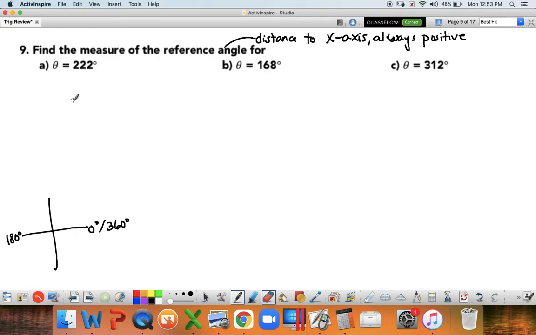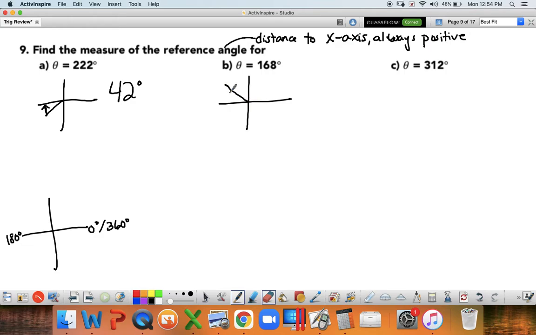So in our first example, we have 222 degrees. That's down here in quadrant 3, so I'm trying to figure out how far away I am from the x-axis. Well, I can just do 222 minus 180 degrees. My reference angle is 42 degrees. For letter B, I'm at 168 degrees, so I'm up here.